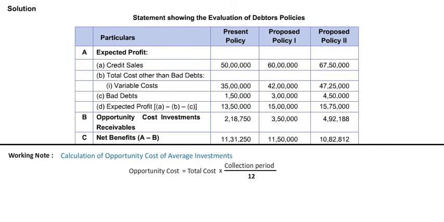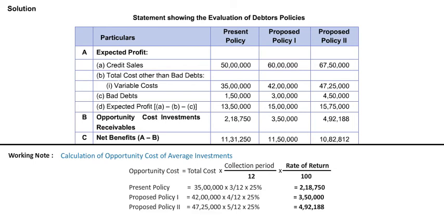Since the accounts receivable turnover ratio is 4, debtors divided by sales will be 1 by 4 into 12, which gives us 3 months. So 3 months becomes our collection period. Based on the formula, opportunity cost equals total cost into collection period divided by 12 into rate of return, we arrive at the 3 opportunity costs.